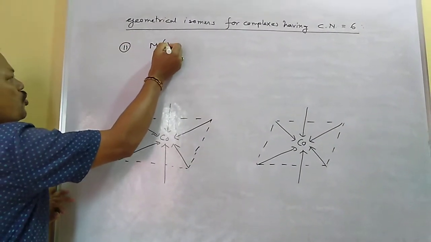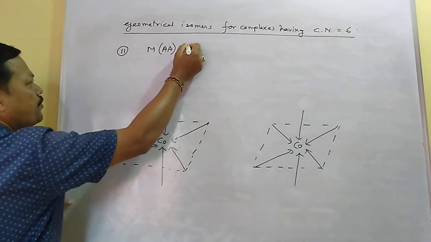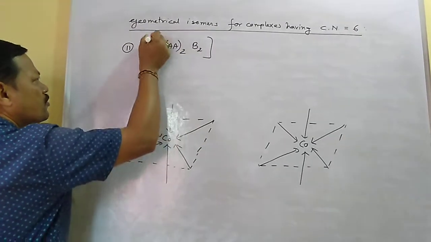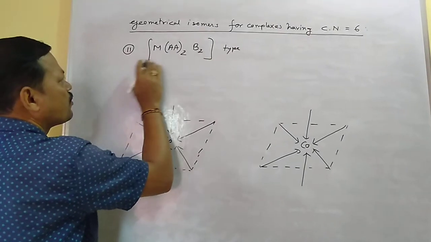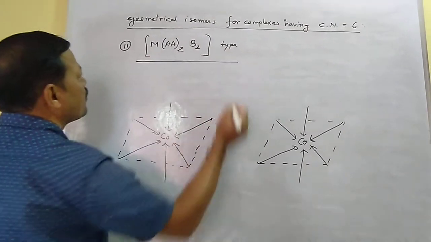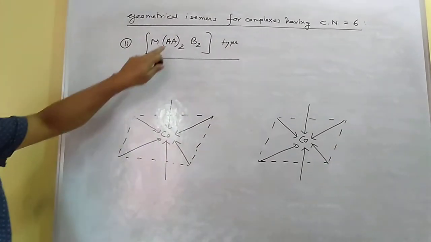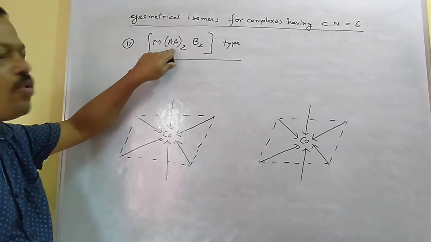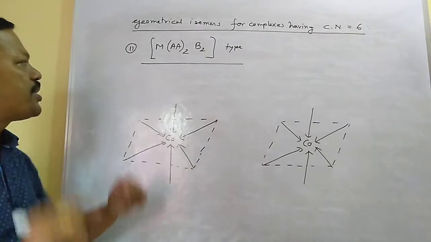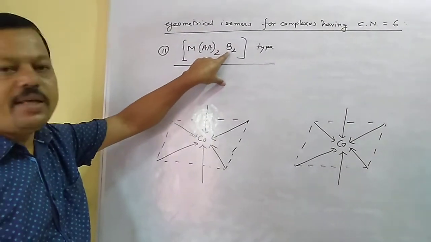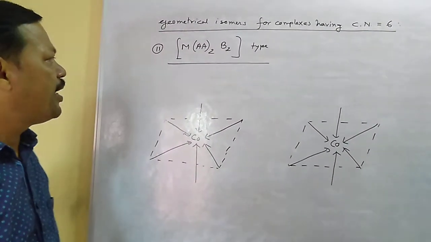This also can show geometrical isomers. M is the metal. A is one of the bidentate ligands in which both the donor atoms are the same, and B is another type of monodentate ligand.